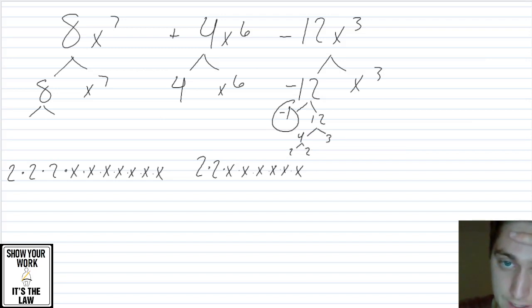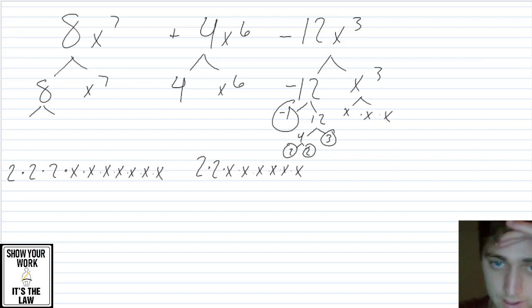So here we've got negative 1, 2, 2, 3. Now, even though negative 1 is not a prime number, we do need to write it in our factorization. Super important. And then x is just going to be x times x times x. All right, so what we're left with is negative 1, 2 times 2 times 3, times x times x times x.